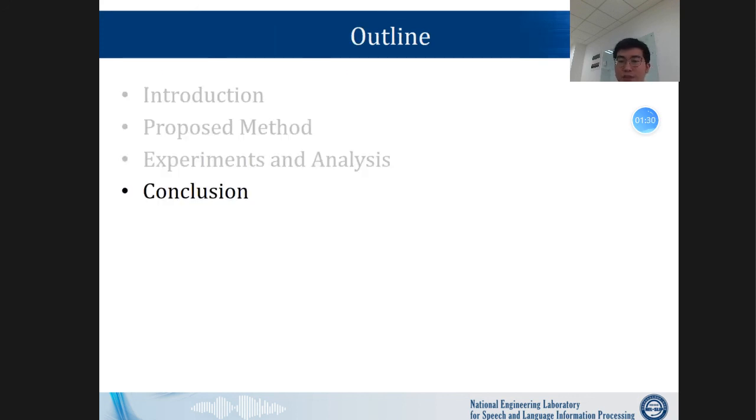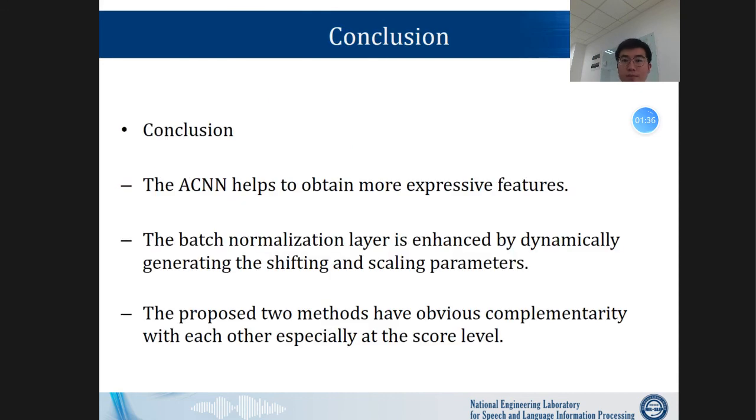My presentation is coming to an end. Now I will conclude our work. In this study, we employ adaptive mechanisms in the DNN embedding system to adaptively utilize the information of inputs. More specifically, the ACNN is introduced into the frame-level layers.